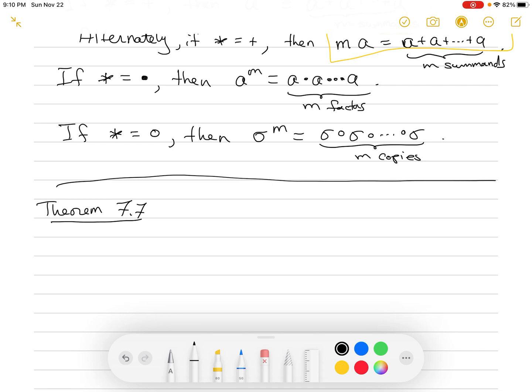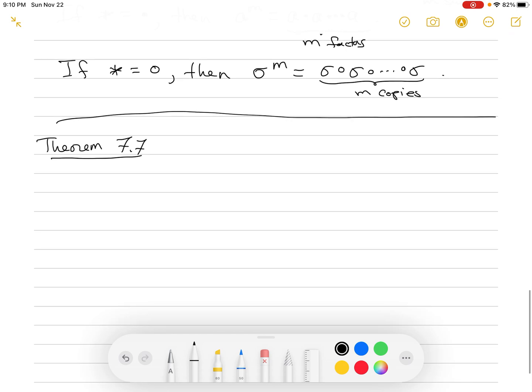You could do this for multiplication, for addition, for functional composition. We're going to do it more generically for star operations, though, so it applies to all of those. Let G be a group, and let a be an element of G.